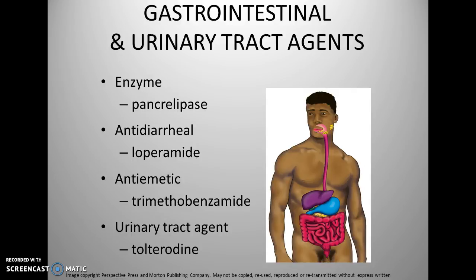So Toridine is a urinary tract agent. So urinary agents are used to treat conditions affecting the flow of urine. Certain symptoms can include difficulty urinating, painful urination, urinary frequency, and obesity.